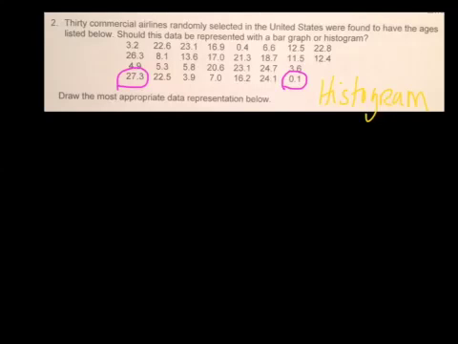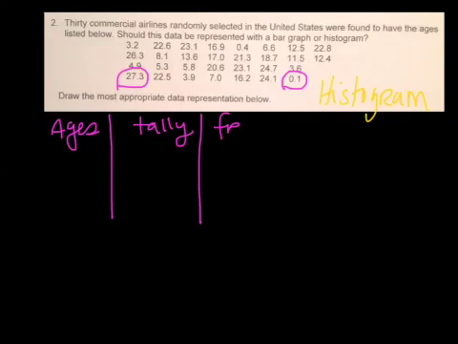So that's a really far range, so we're not just going to count by like 2s or 5s. Maybe 5s would be okay, but you might even want to think about counting by 8. Ages, tally, and then frequency. And then you can build the histogram after that.